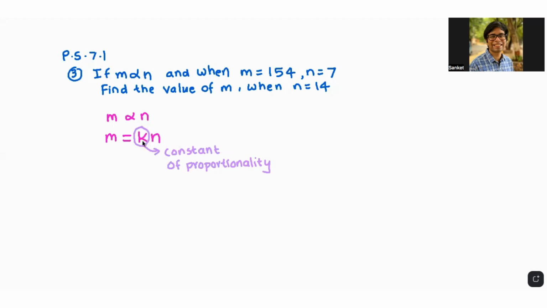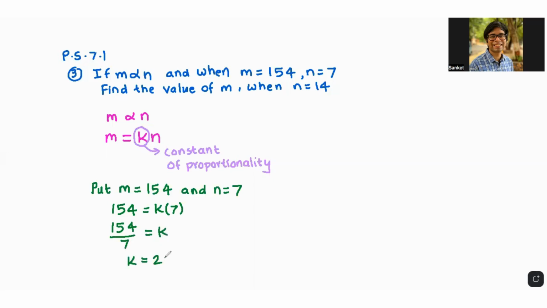To find the constant of proportionality, I know I need one value of M and one value of N. Do I have that? Yes, I have. So in the question, it's given that when M is 154, N is 7. So put M equal to 154 and N equal to 7. I'm going to put it over here so that I get the value of constant of proportionality. 154 divided by 7 gives me K. So my K is 22.